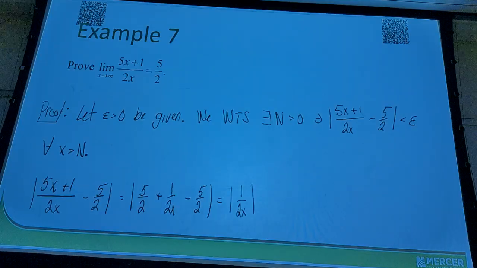Just 1 over 2x, right? I can drop the absolute values, again, because x is going to infinity. So x will be positive. But that's less than 1 over 2n.